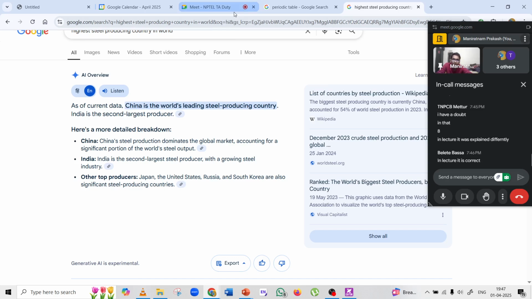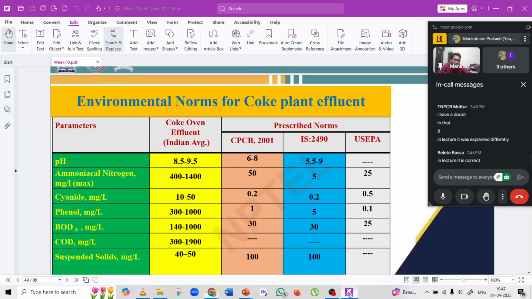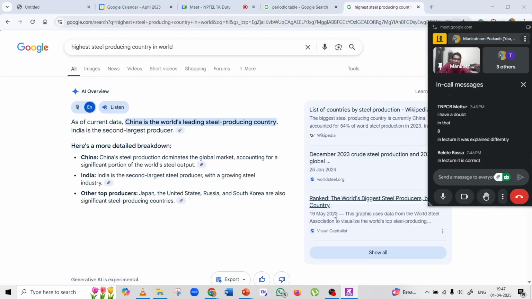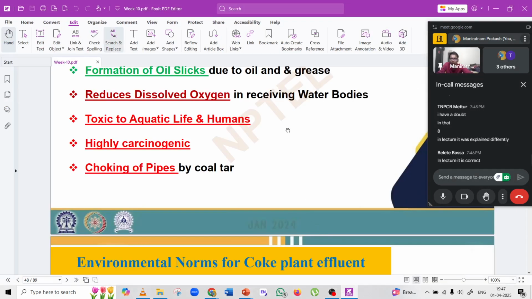While explaining, no mistake in the PDF. It was mentioned in the PDF, but in the lecture he explained it like that: first one is US, like that. You can go and check while listening to the lecture.